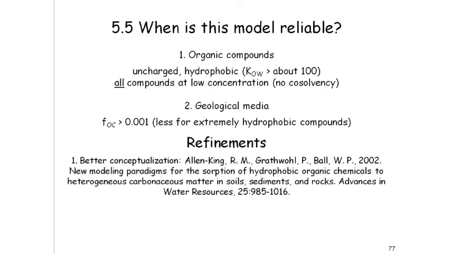We can refine the model, and it has been refined remarkably over the last 15 years. A good paper to look at for significant refinements is this one. As we'll point out later in the course, the value of KOW, in fact, is not precisely known. If you look in the literature, you'll find a range of values that different people have provided.